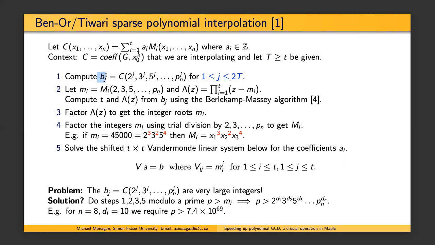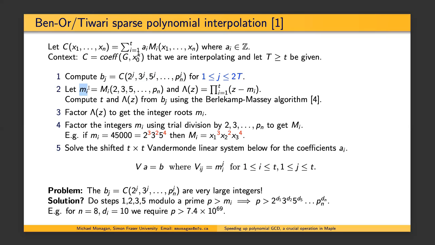We compute some evaluations. We evaluate our polynomial C at powers of primes: 2 to the j, 3 to the j, 5 to the j, etc. Pn is the nth prime, Pn to the j. And we do this for 2t points. The algorithm needs 2t points to interpolate the polynomial.